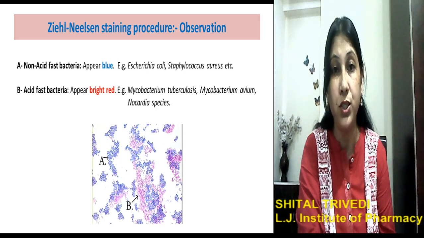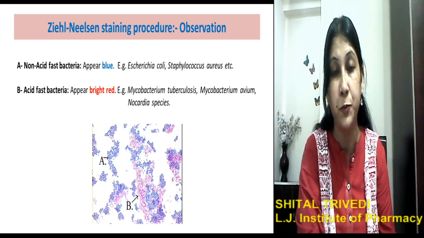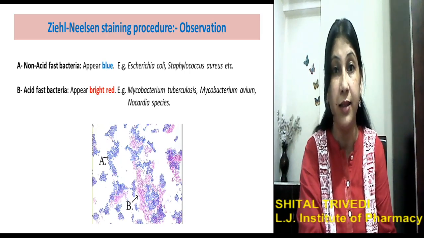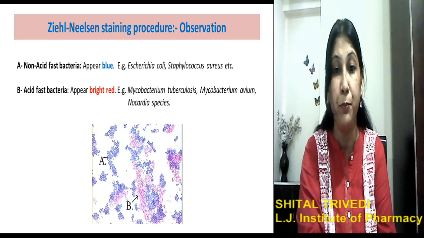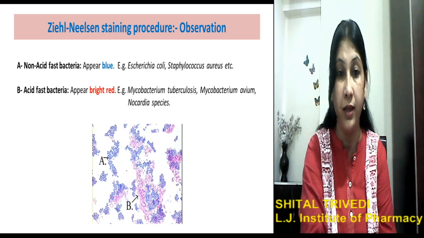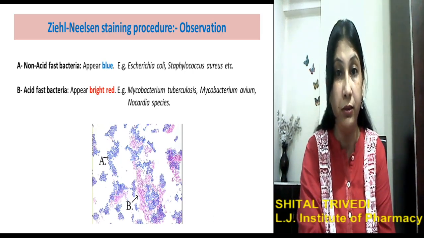Observation depends on the type of organisms present in the specimen, and in this diagram you can see that the organisms appear in two different colors, one that is red in color and the other that is in blue color.